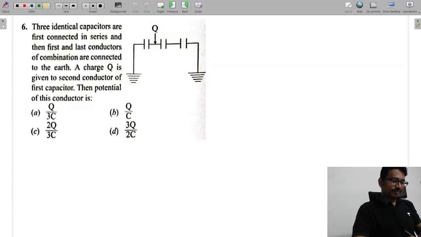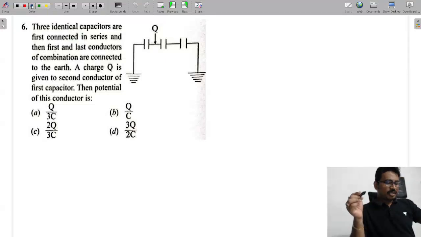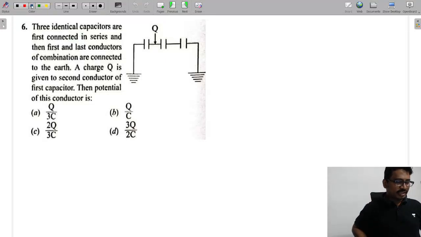Next one. Three identical capacitors are first connected in series, and after that the first and last conductors of the combination are connected to earth.